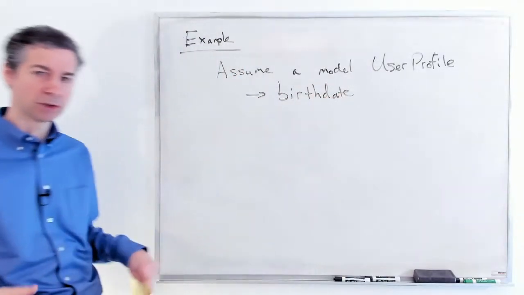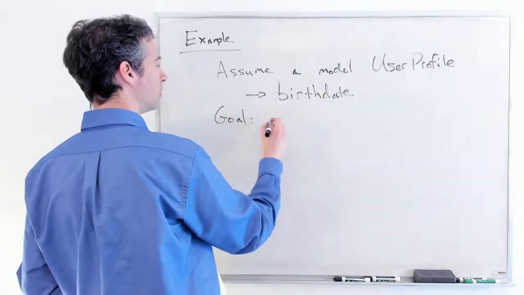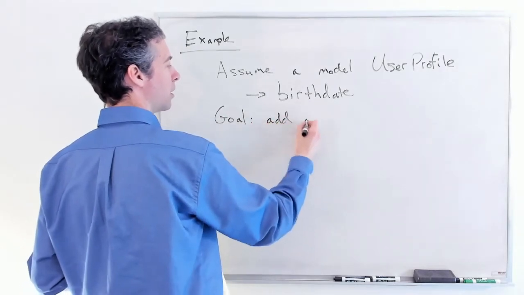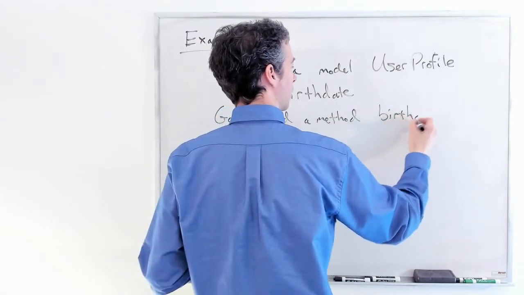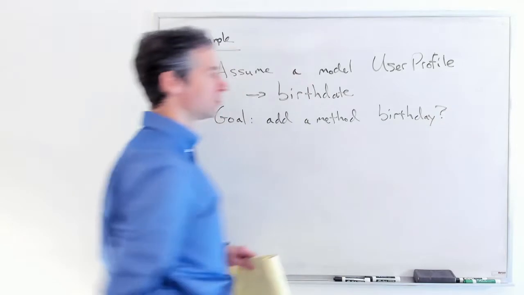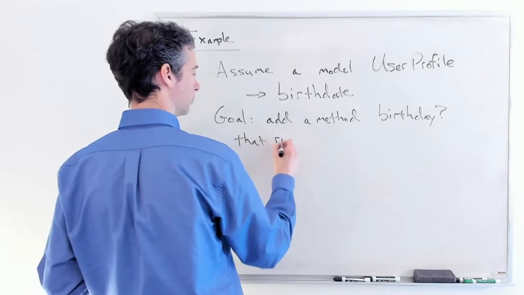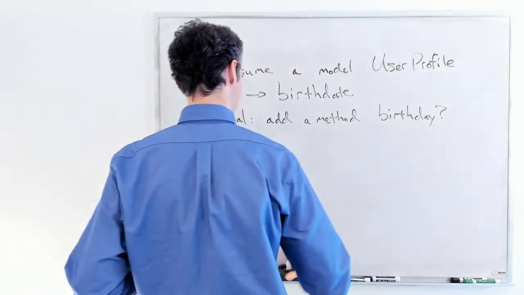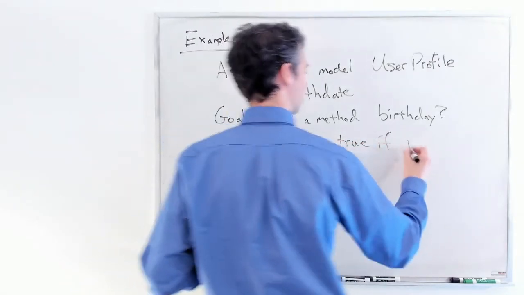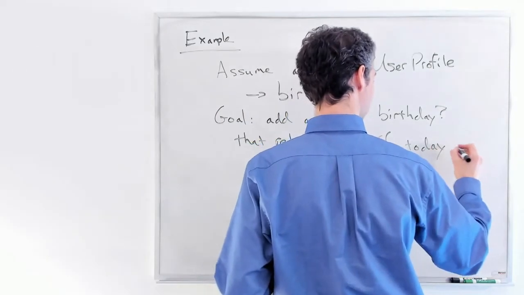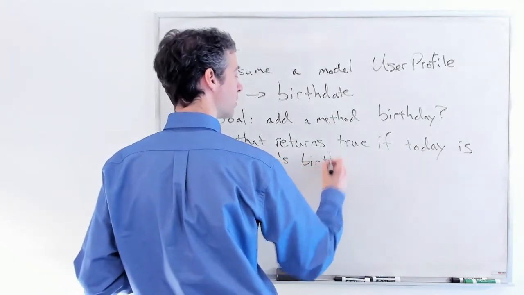Okay, and what we want to do is we want to be able to write, goal is to add a method birthday to the model that returns true if today is the user's birthday. So the user who has this user profile.